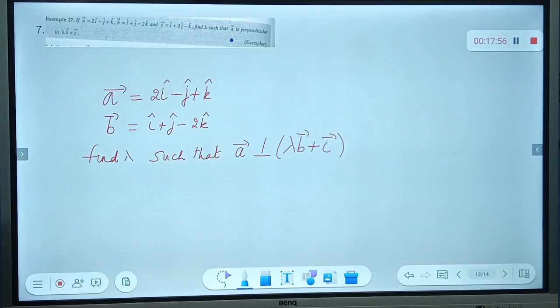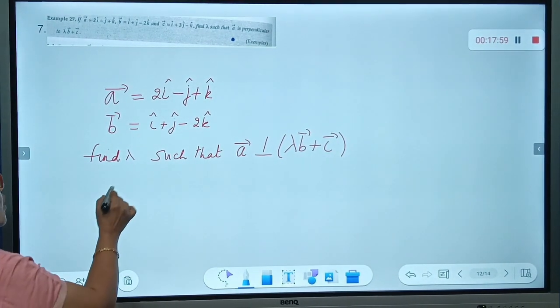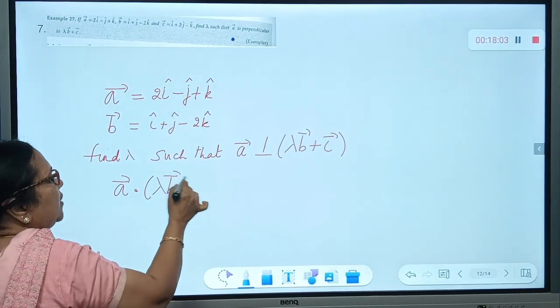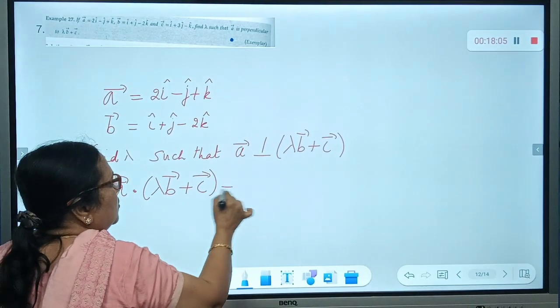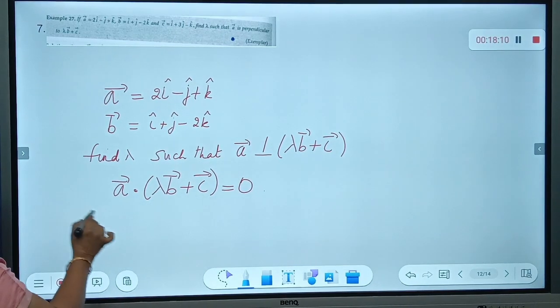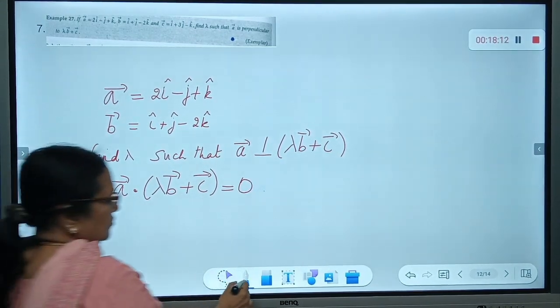If a vector is perpendicular to lambda b plus c, what does that mean? A vector dot lambda b plus c equal to 0. Right?